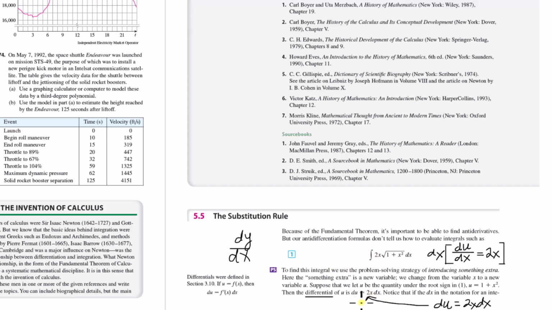Okay, but the textbook is not telling us to look at it that way. By the use of the term differential, the textbook is telling us they still don't want us to look at du as an infinitesimally small value, just like dx in the derivative notation. They want us to look at du and dx like they're differentials.